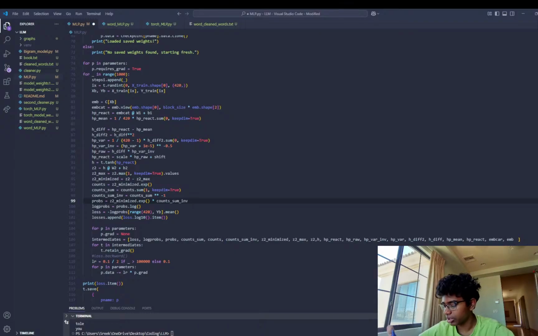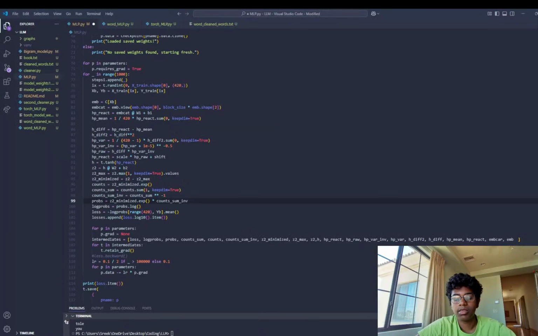Okay, let's start with a simpler task. We don't want to find it with respect to the logits. Let's start by finding the derivative of the loss with respect to probs, right?